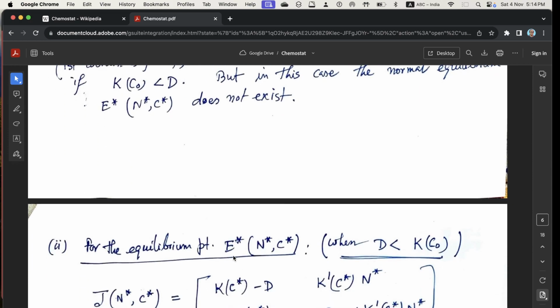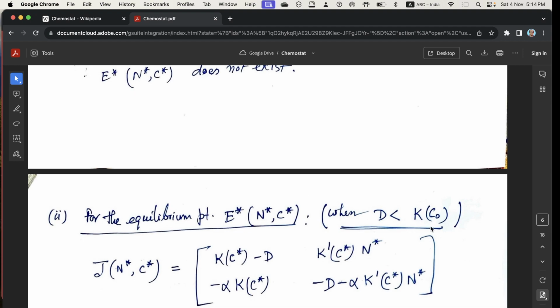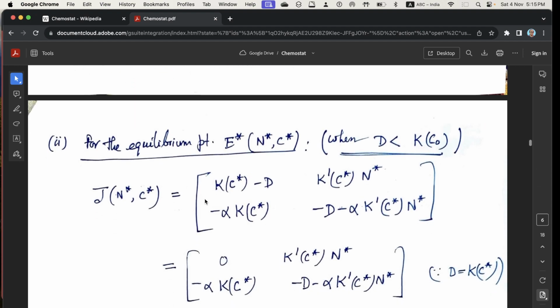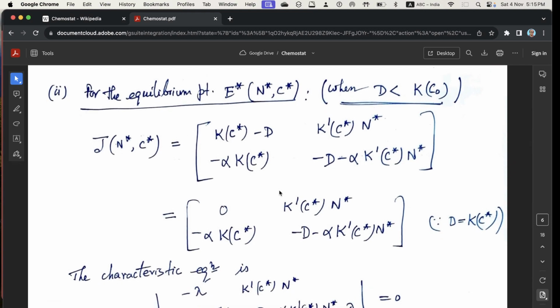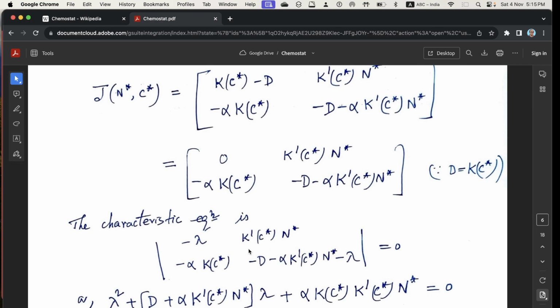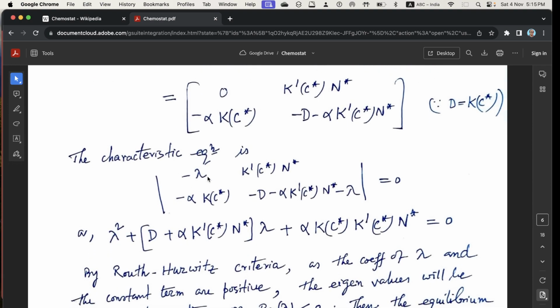Next, for the normal equilibrium point E star, (N star, C star), when D is less than K(C0), we get J equal to this and put D equal to K(C star) here. Since D equals K(C star), already we have this, and then we get this. So the characteristic equation of this matrix is this minus lambda, this minus lambda, equal to 0.